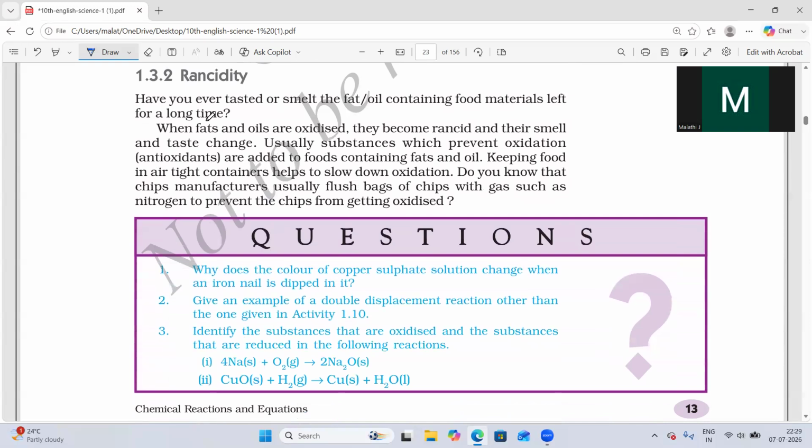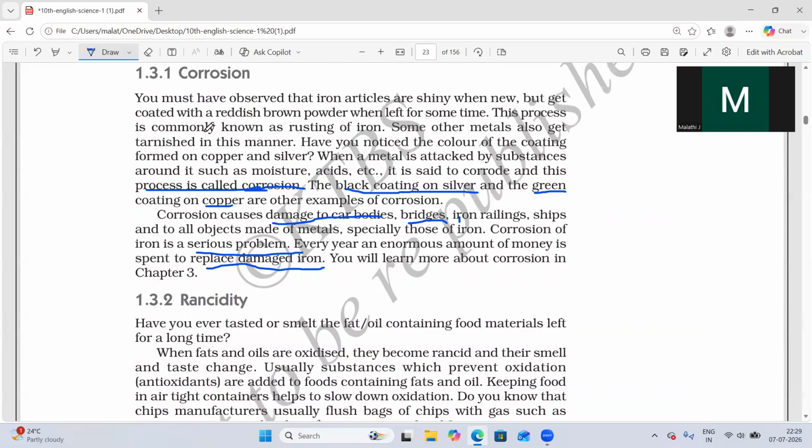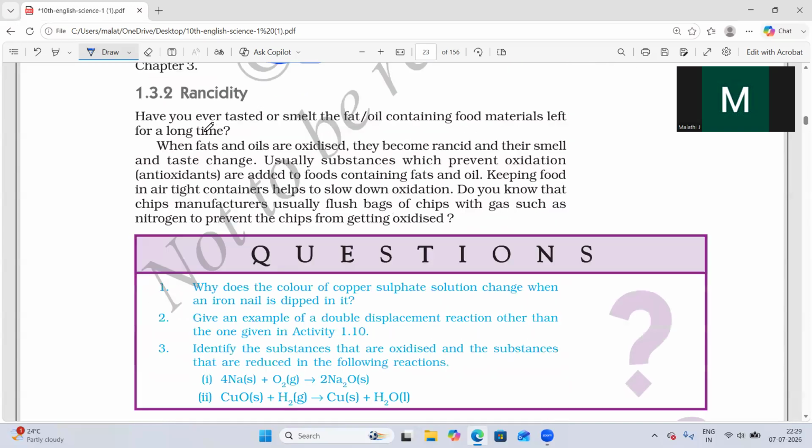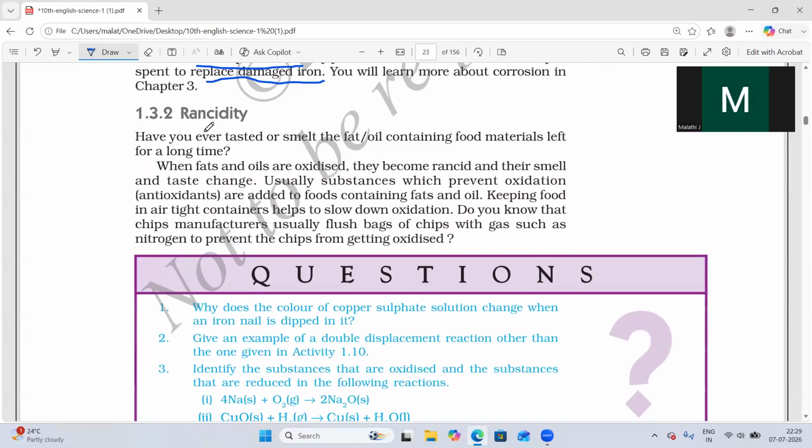Then there is rancidity. What we observed so far was for metals, but rancidity takes place for food materials. If you keep some food outside, or fat and oil containing foods, for a long time, what will happen?